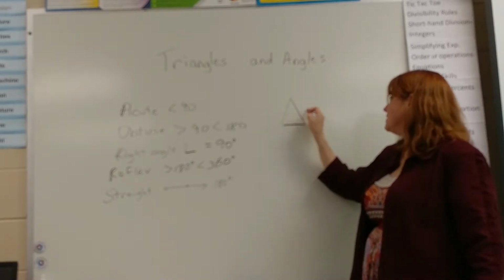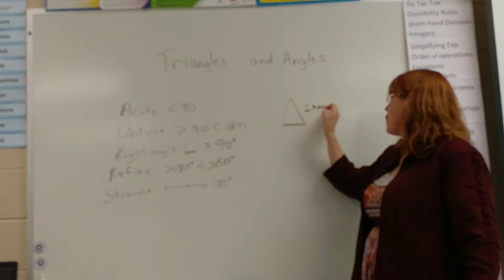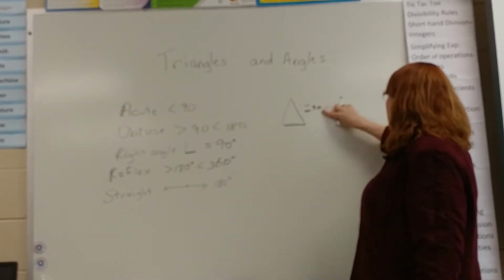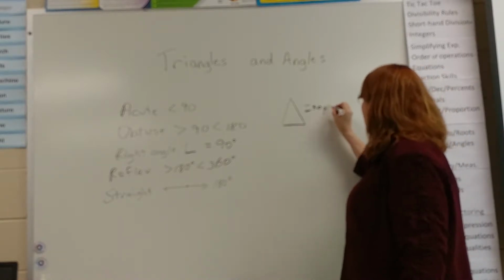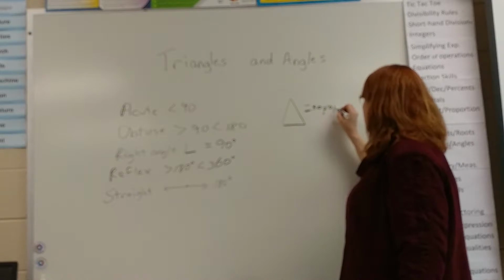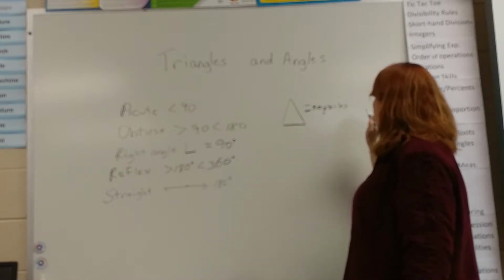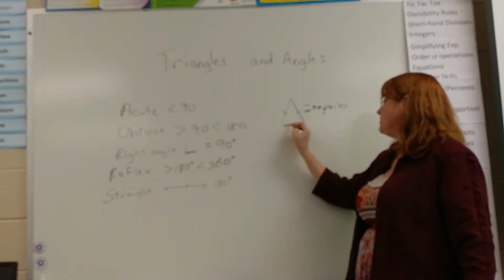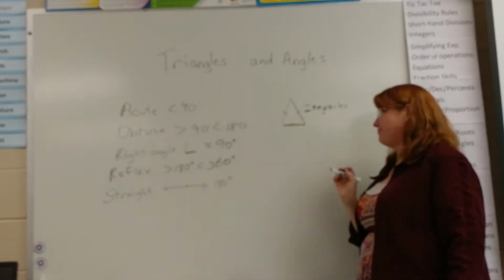We have an isosceles triangle. I don't know if I can spell it. That's how you spell it. Isosceles triangle, this and this are the same, and the bottom one is different.